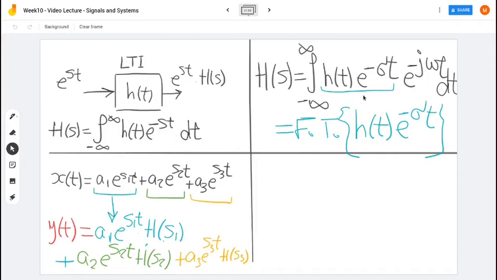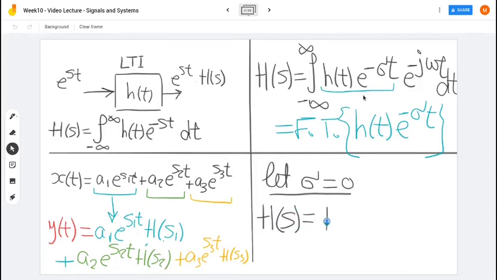And of course, while we are at it, let's consider the case if we let sigma be equal to 0. If we let sigma be equal to 0, h of s, which is h of sigma plus j omega, will be h of omega simply, right?